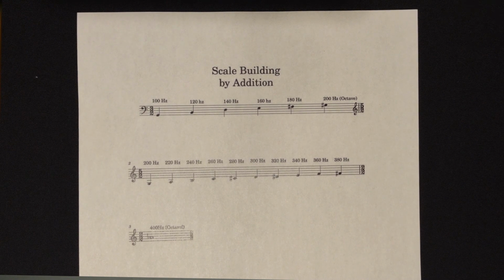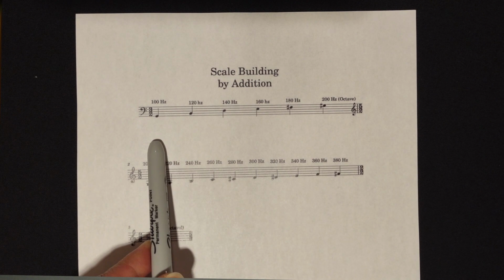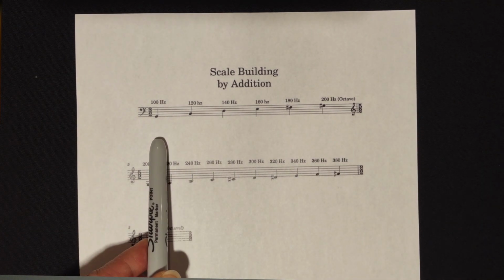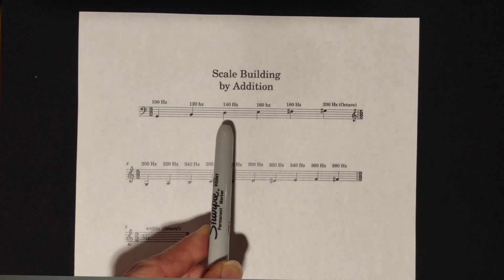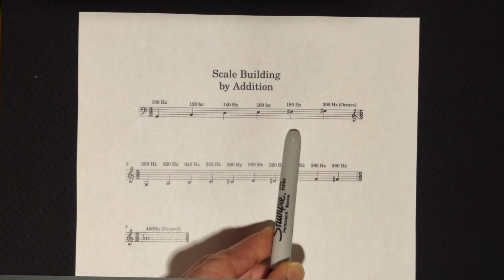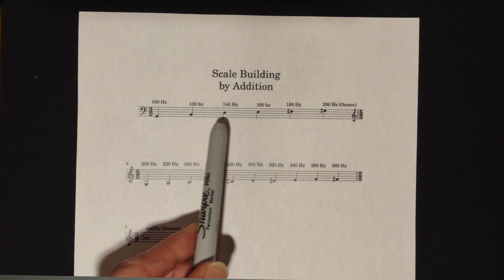An octave above would be 200 Hz. If we build a 5-note scale by splitting up the distance into equal increments of 20 Hz, using 100, 120, 140, 160, 180, and 200, the resulting scale will sound non-standard.